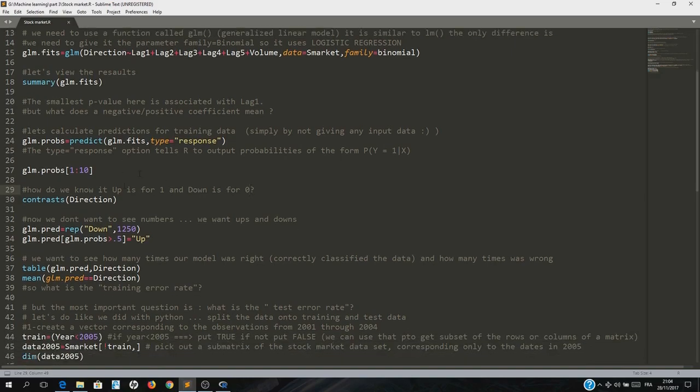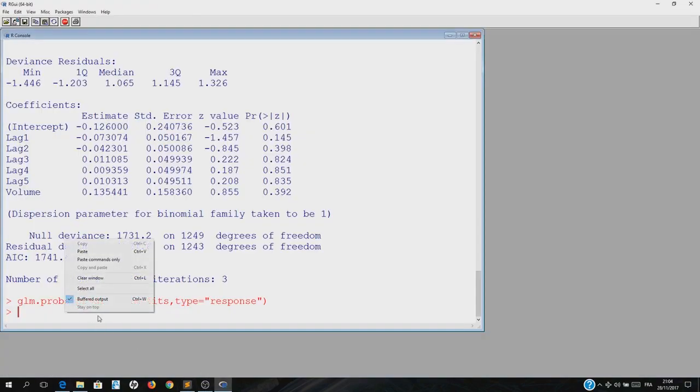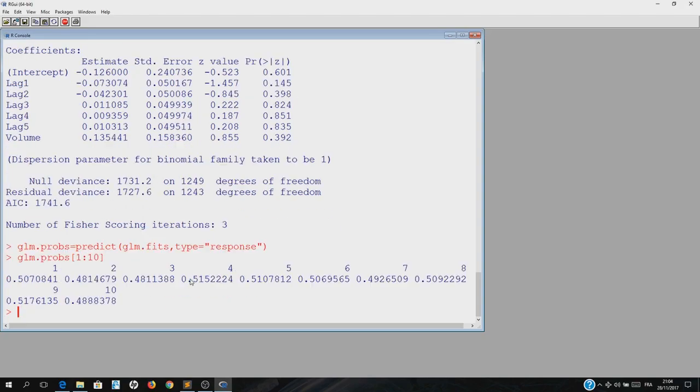So let me show you the first 10 calculated probabilities. Of course, we have way more than 10, but let's see just the first 10. So 0.5, 0.48, and so on. How do we interpret these probabilities? As I showed you in the theoretical part of the course, if it's greater than or equal to 0.5, it's 1.